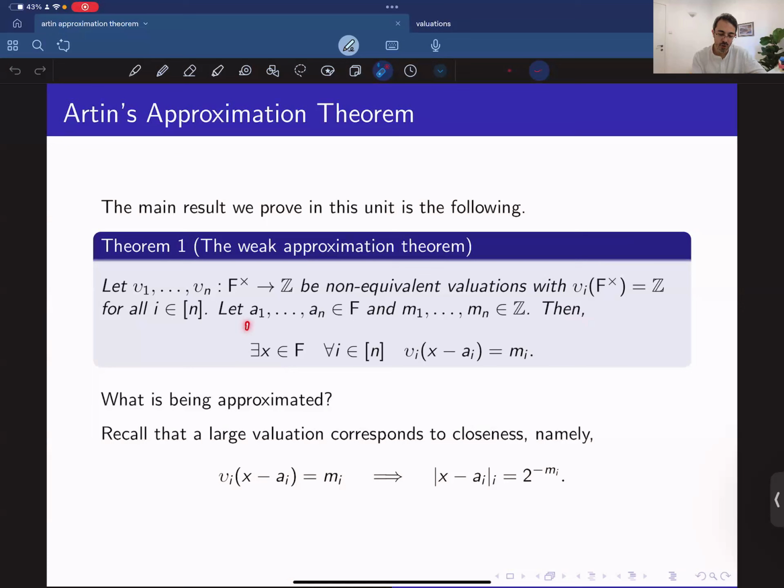And let's say you're also given n field elements, the same number as the valuations that you're given, and n numbers, like prescribed valuation values, really.